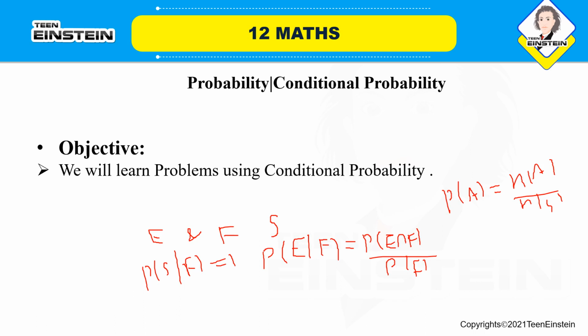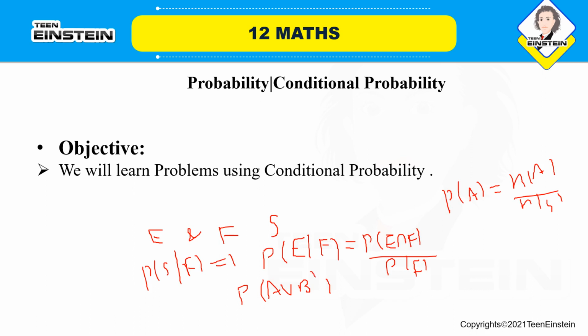Then if A and B are any two events of a sample space S and F is an event of S such that probability of F is not equal to 0, then the addition theorem in probability: probability of A union B equals P of A plus P of B minus P of A intersection B. If A and B are disjoint, then the intersection will be empty, and in that case probability of A intersection B is 0.